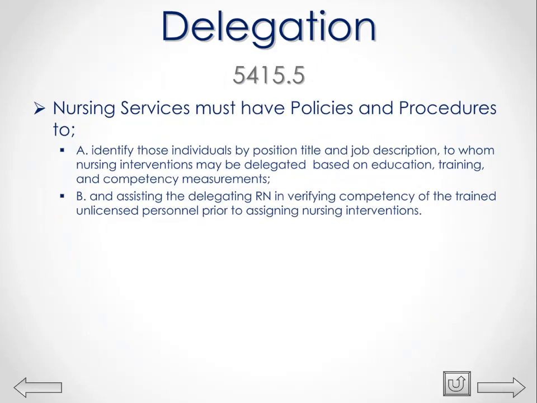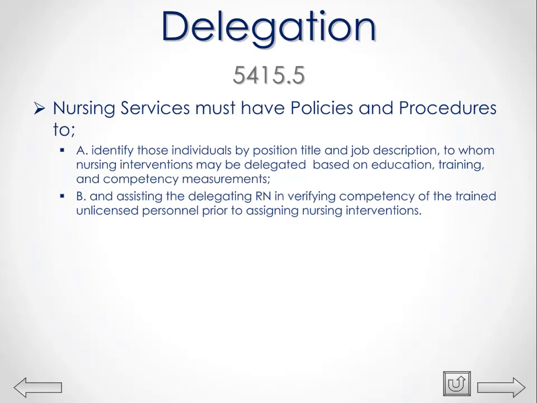Our DC Nurse Practice Act requires not only that the delegation and assignment of responsibilities be documented within a healthcare plan, the nursing service, the organization that employs the nursing staff and the unlicensed personnel must also have policies and procedures in place. And those policies and procedures do two important things as it relates to delegation.